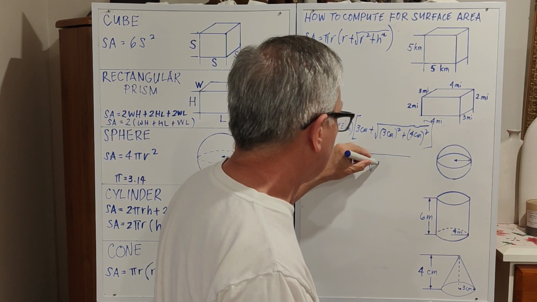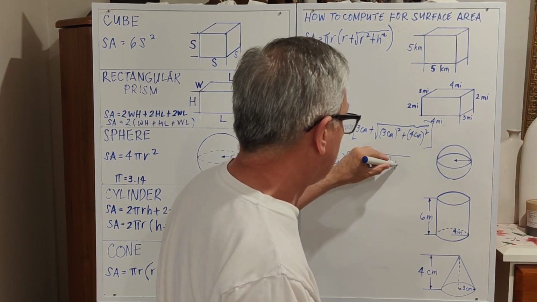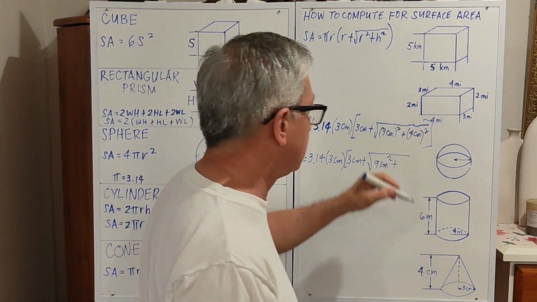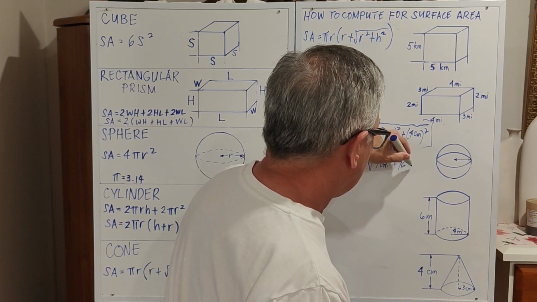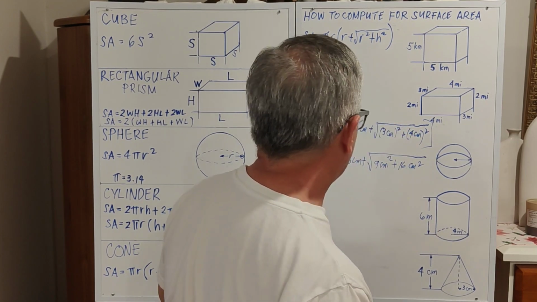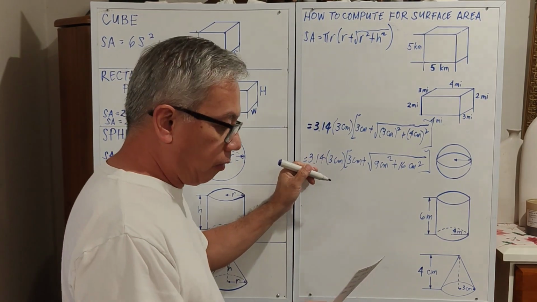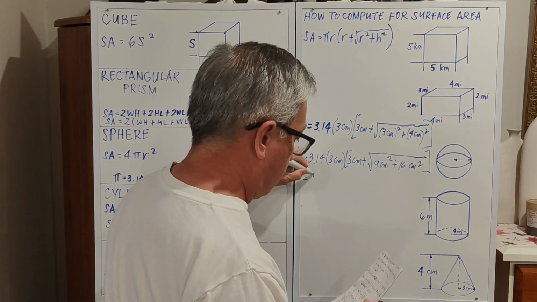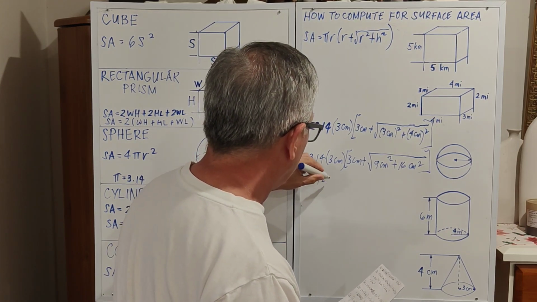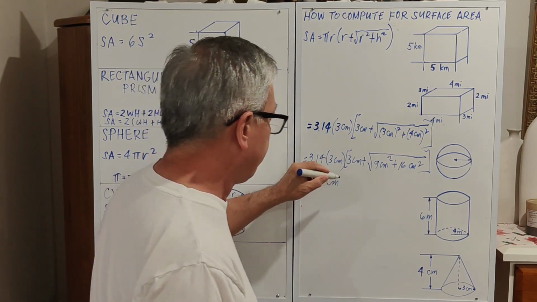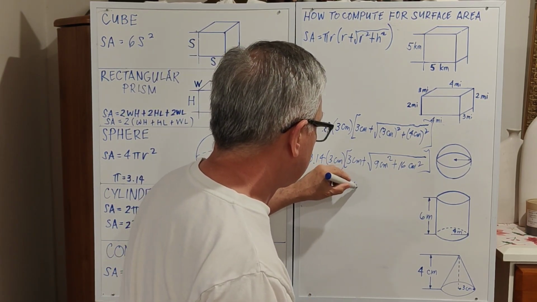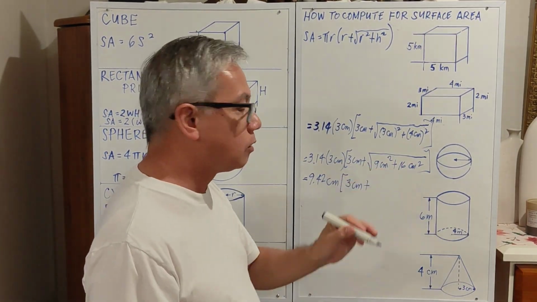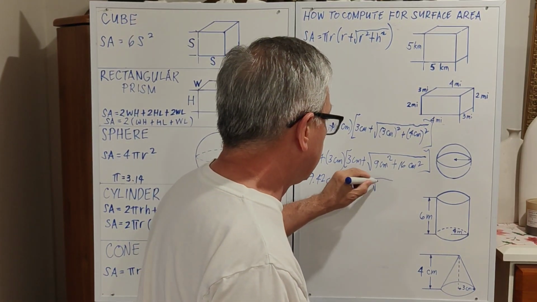This becomes 9 centimeters squared. 4 times 4 is 16 centimeters squared. 3.14 times 3 is, I'll just do a shortcut, 9.42 centimeters. 9 centimeters squared plus 16 centimeters squared is 25 centimeters squared.